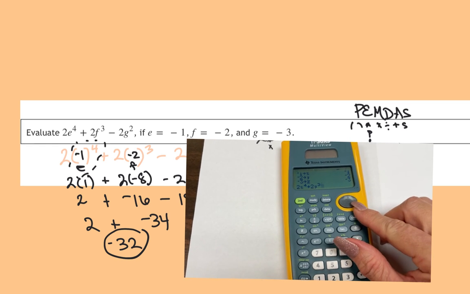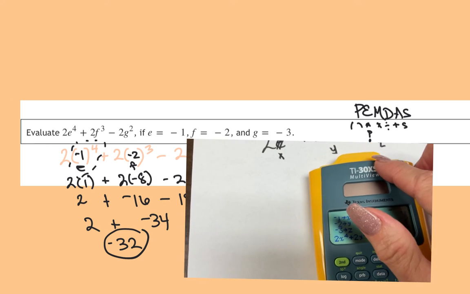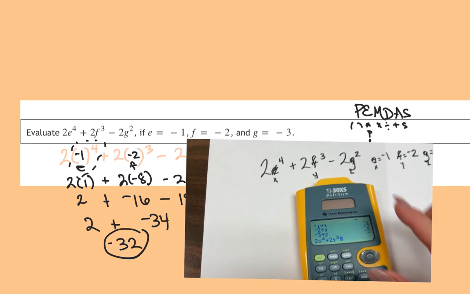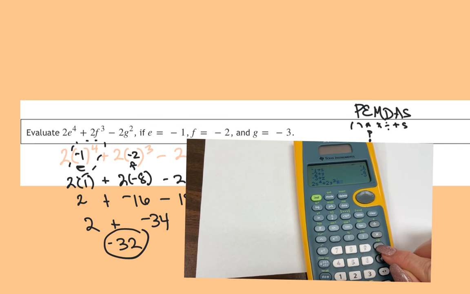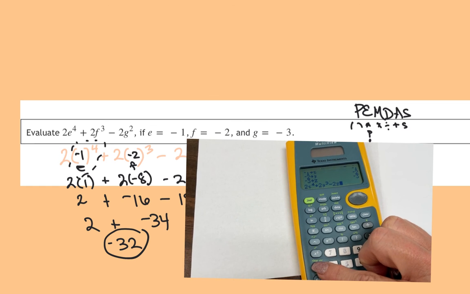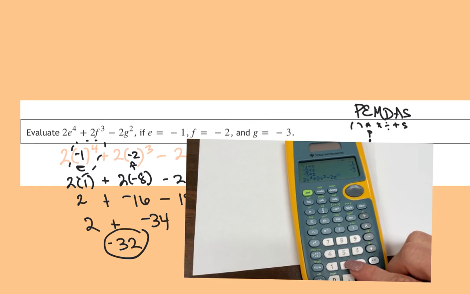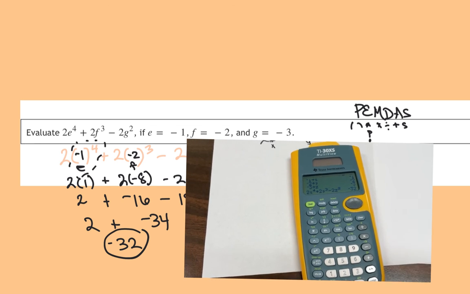And I can't stay up high, so I have to scoot over. And then lastly, take away 2z to the second power. Press enter, and it's going to solve it for me, and we get the same answer.